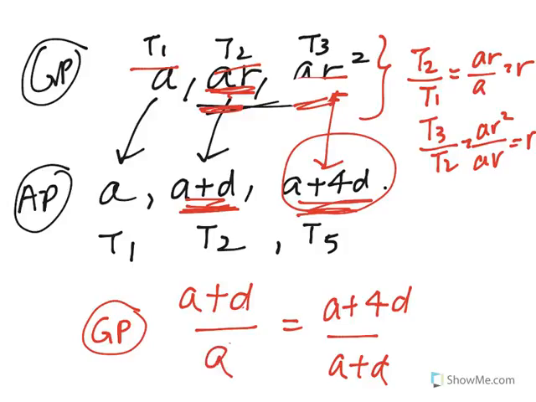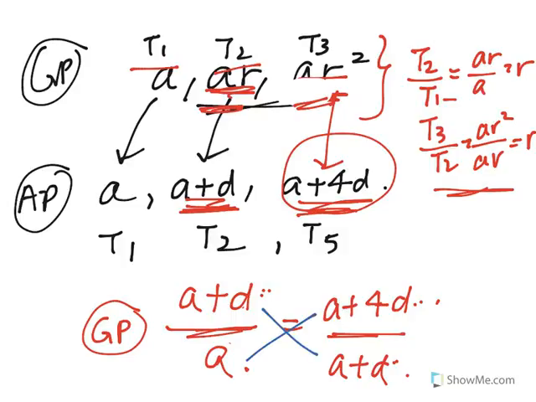The terms come from an AP, but the relationship is from a GP, because in a GP any two consecutive terms give a common ratio.